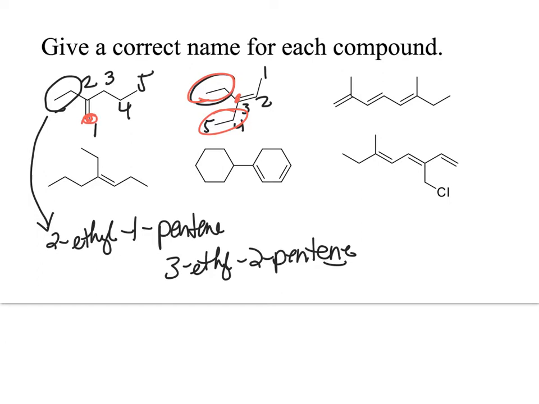Okay, the next compound is a triene. 1, 2, 3, 4, 5. No, let's name it the other way.